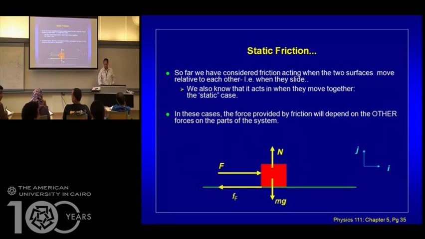Okay, static friction. Now I'll take you one step backward. We talked last time about static and kinetic friction, and we explained their origin. We stated that the static coefficient of friction is always larger than the kinetic coefficient of friction.